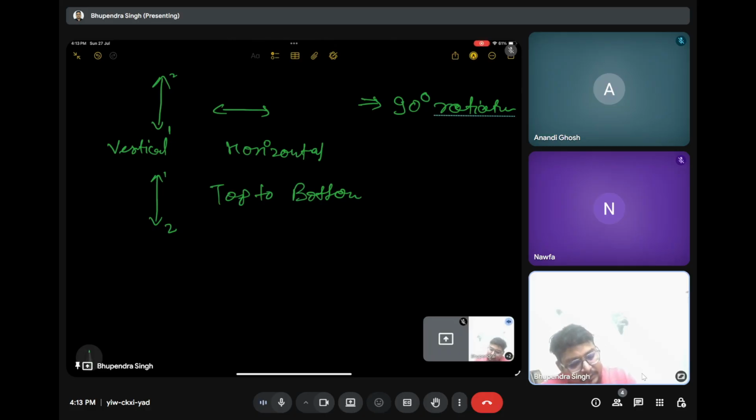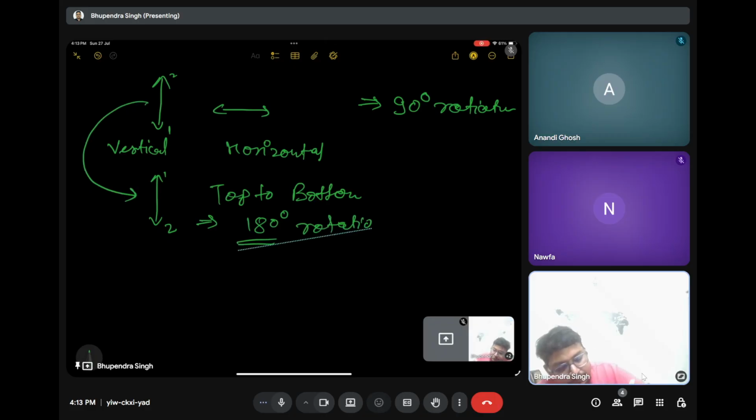What should the operation be here? We should rotate it by 180 degrees. Then we will reach this orientation from here to here. And from here to here, we have to rotate by 90 degrees.